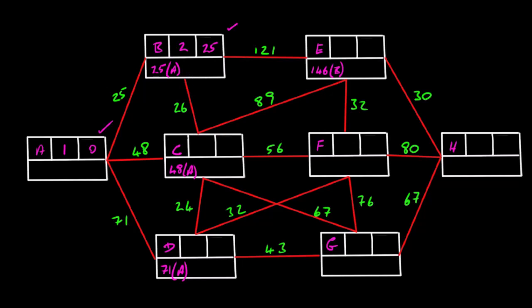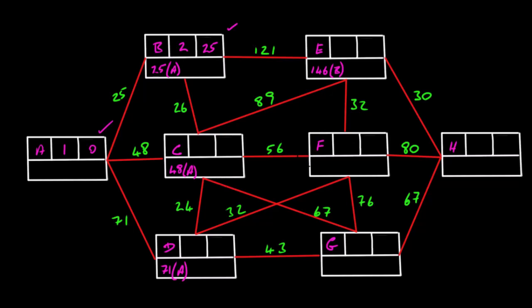We've got 25 plus 26. That's 51. Now 51 is bigger than 48, so I'm not going to include that here in the working value for C, because remember we're looking for the shortest distance from A to H. So I'm not going to include anything bigger than this working value here, 48. Okay, so that's it from B then.